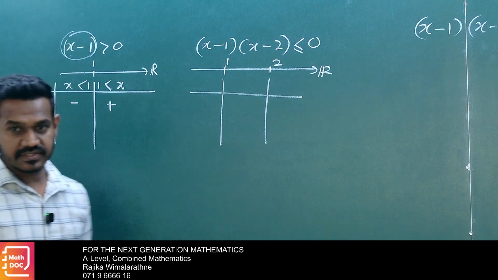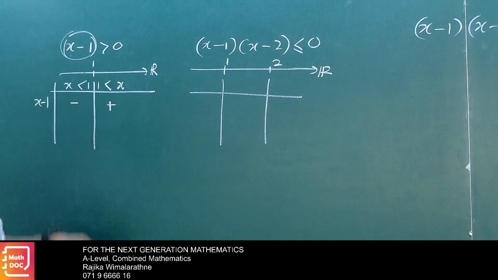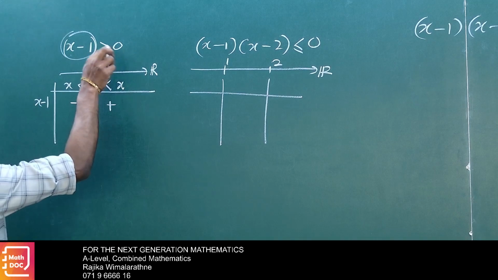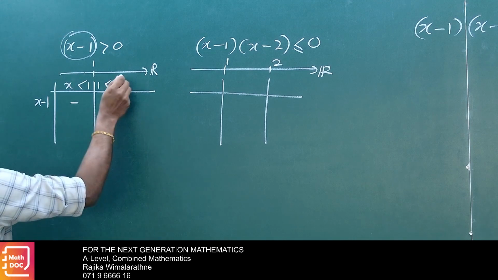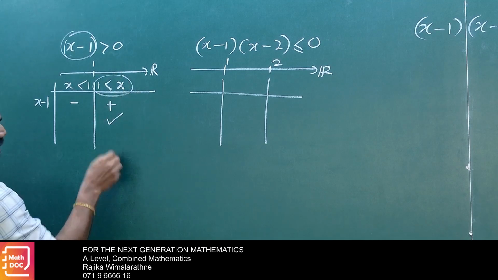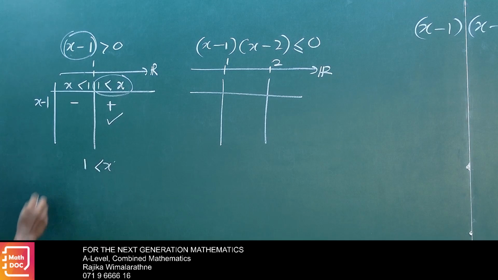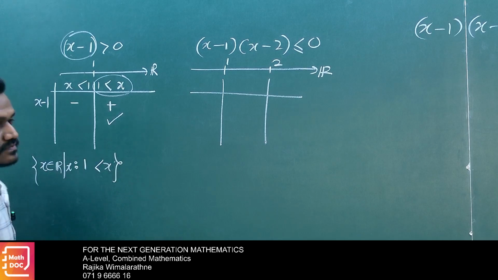That is positive, no? Then for values less than 1, this one is negative. So we need to consider the positive regions. Here the positive region is this, so you take this one as the solution. Then the final answer: x is an element of the real set such that x greater than 1.